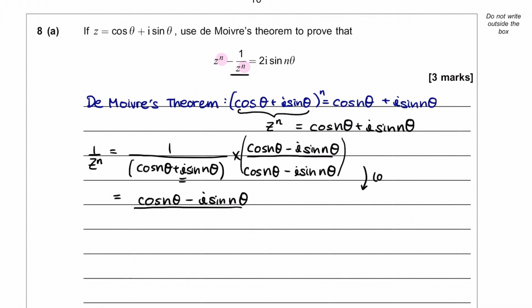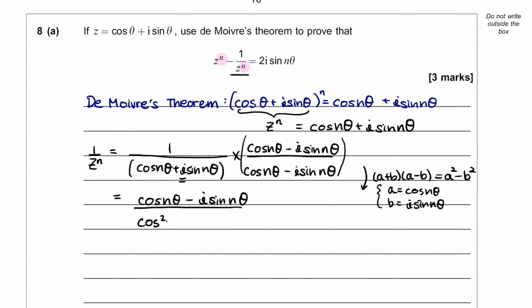And then using the rule where (a plus b) times (a minus b) is equal to a squared minus b squared, if you compare the denominator with this expression, we can say our a is cosine n theta and b is i sine n theta.